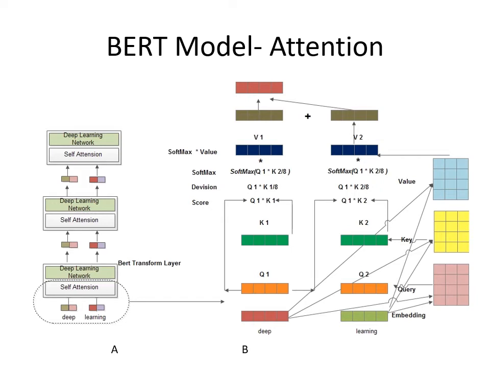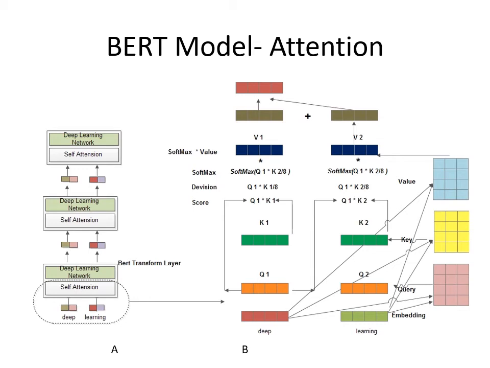Then the softmax function is used after the division operation as shown in the figure to generate a number to be multiplied with the value vector of each word, to generate the corresponding context embedding from each word for the word "deep".